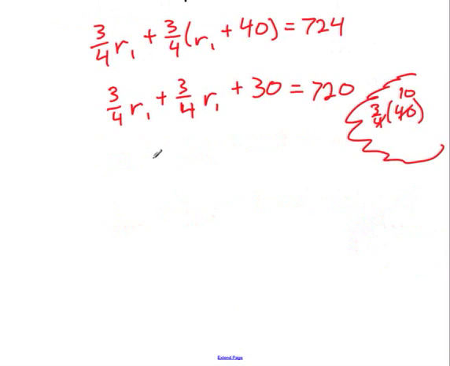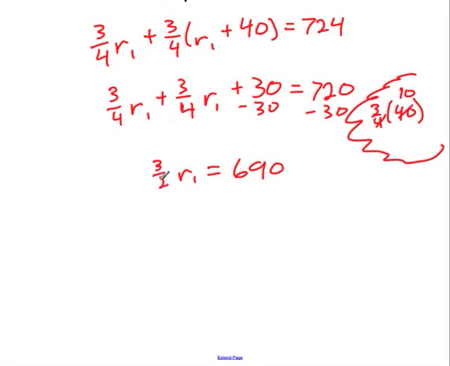I'm going to combine these. I already have like terms, so it's going to be 6/4 r1 equals, and I'm going to subtract 30 from both sides. Now this is going to be 690. The best way to think of that is if I take away 20, it's going to be 700, but then I have to take away another 10, which ends up being 690. This 6/4 reduces to 3/2, and that'll make things nicer.